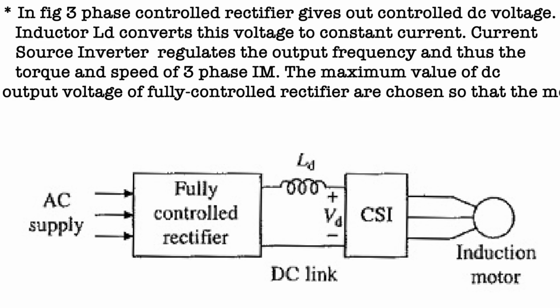In the figure, the phase control rectifier gives out controlled DC voltage. Inductor LD converts this voltage to constant current. The current source inverter regulates the output frequency and thus the torque and speed of the 3-phase induction motor.